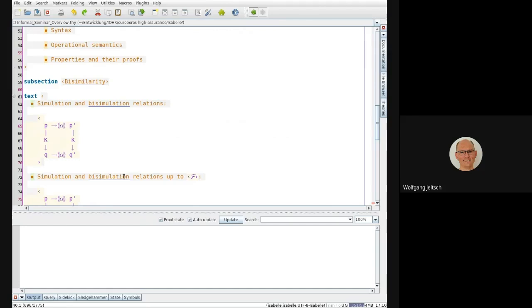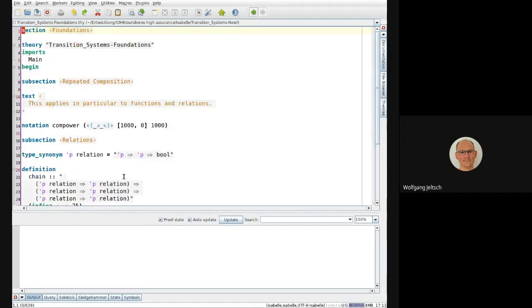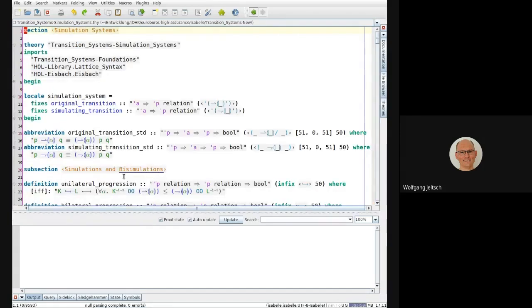So in essence, you want this framework here instantiated for the case that your original transition is strong and your simulating transition is weak. And therefore, we had this general notion of simulation system where we permit these two transitions to be different.